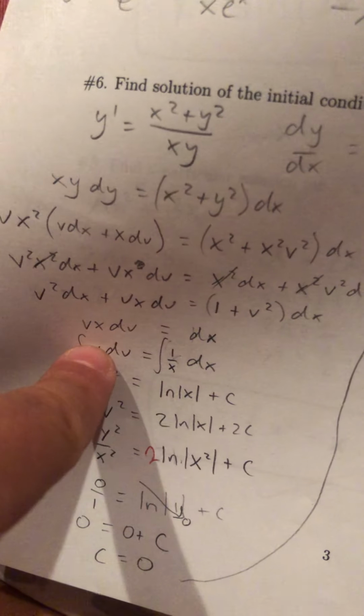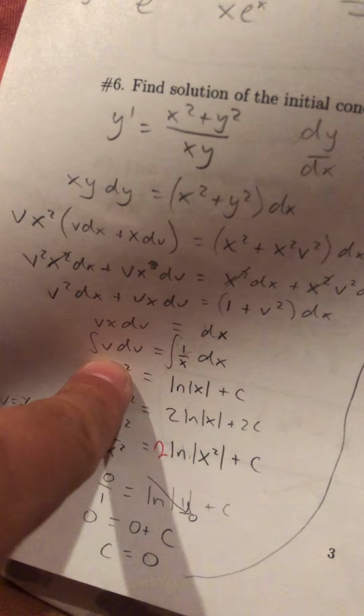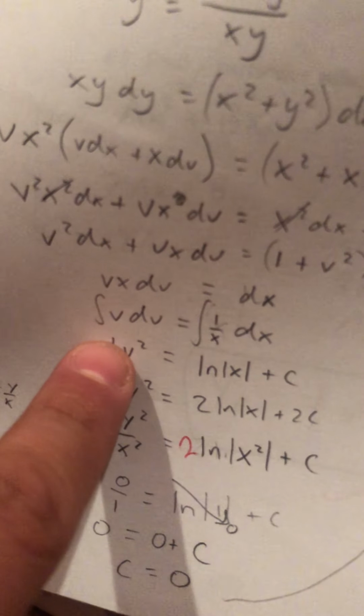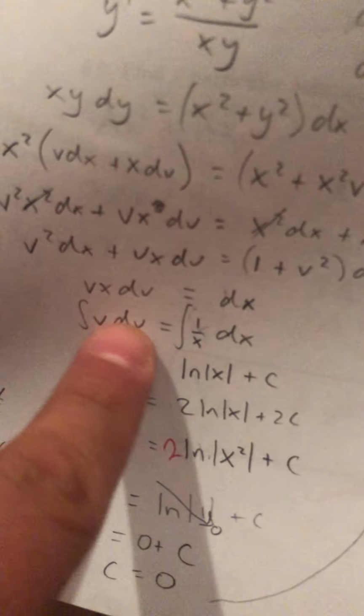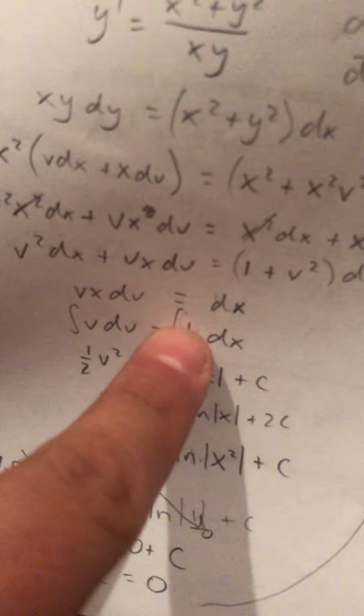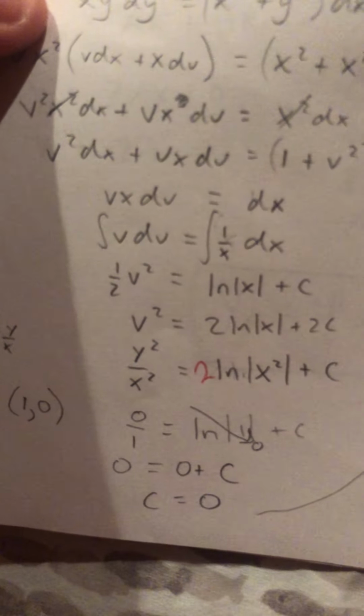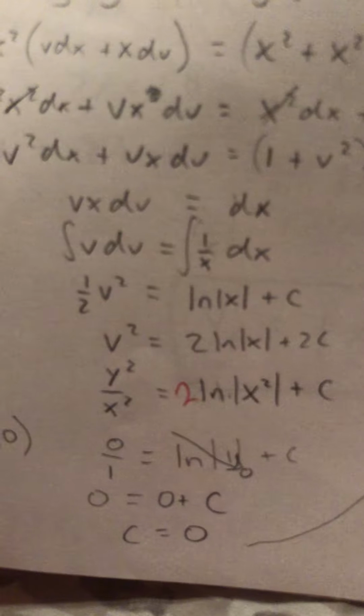So Vx dV is equal to dx. Separate variables: V dV equal to 1 over x dx. Integrate them. 1/2 V squared is equal to ln x plus c.